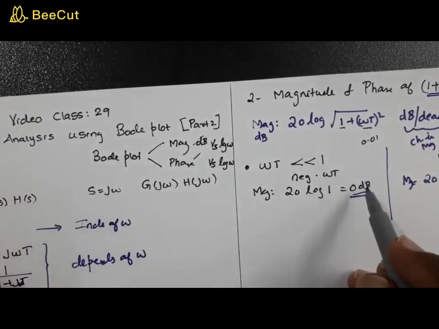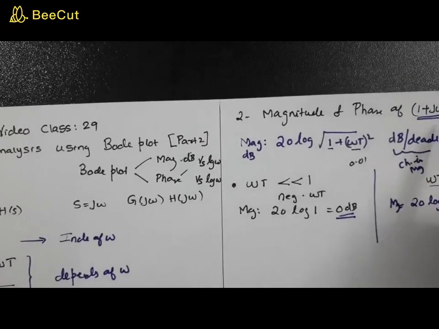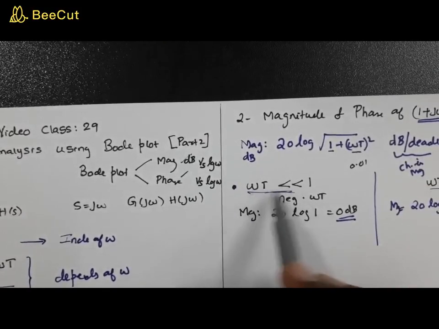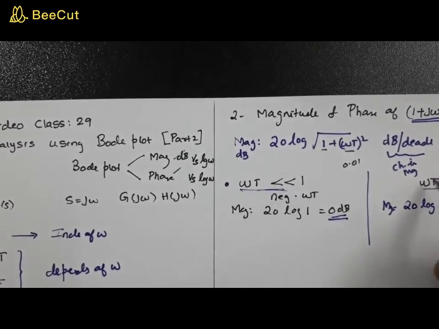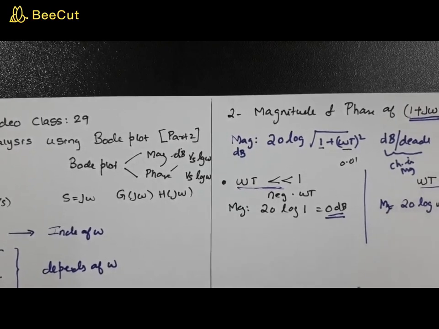This term becomes active only as omega t becomes greater than or equal to 1, where the magnitude is 20 log omega t decibels.